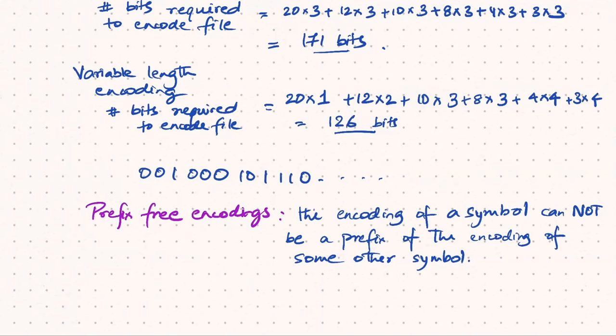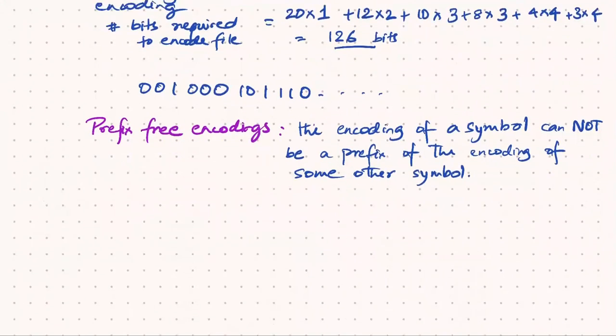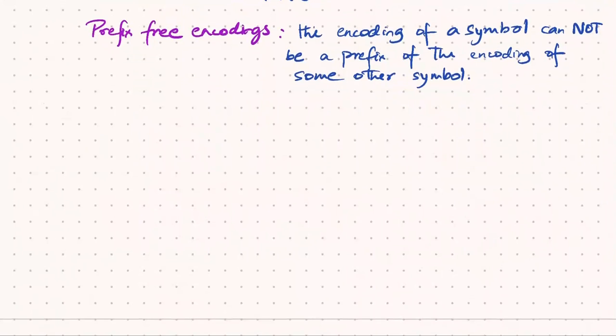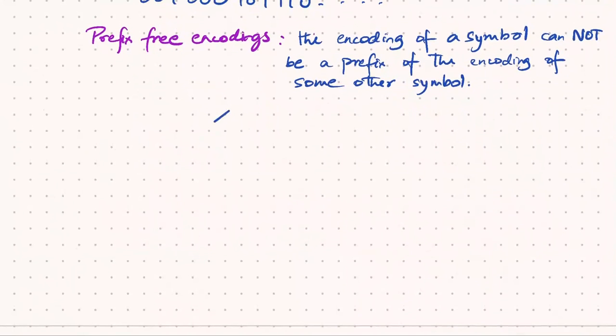These prefix-free codes, it turns out, have a close relationship with some types of binary trees. So let's think of binary trees where the left branch represents the code 0 and the right branch represents the code 1.